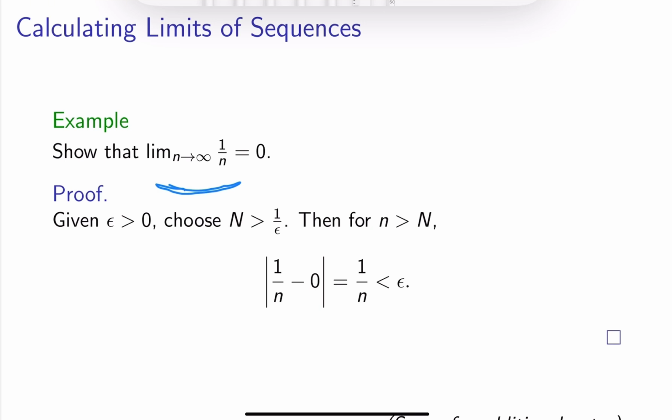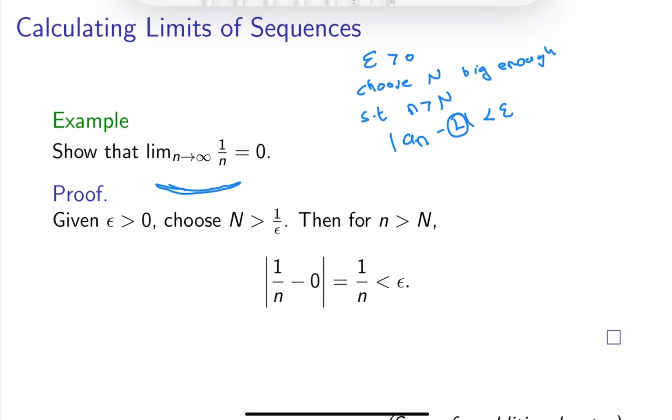So I remind you, how do you prove that a sequence converges to a limit? You pick any number epsilon positive, and you want to choose n big enough such that, if you look at the indices that are bigger than n, you want your sequence to be within epsilon distance, in the sense of absolute value, from the limit L that you're talking about.